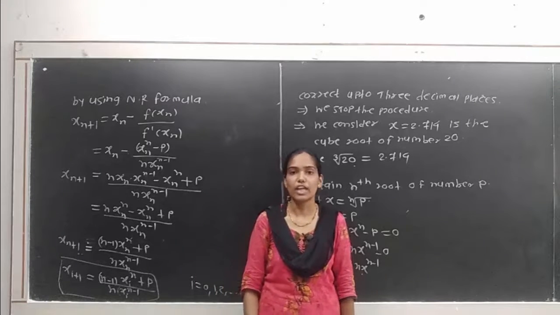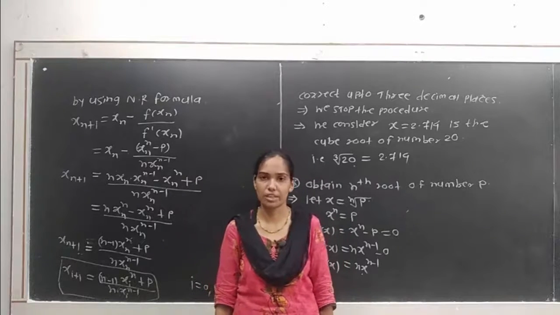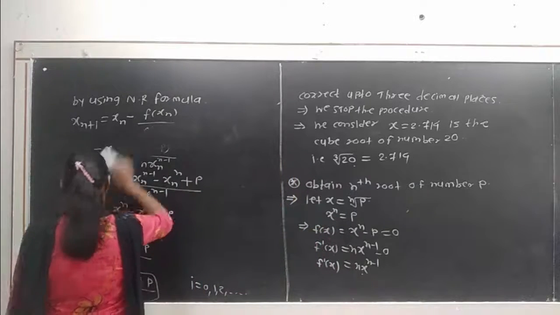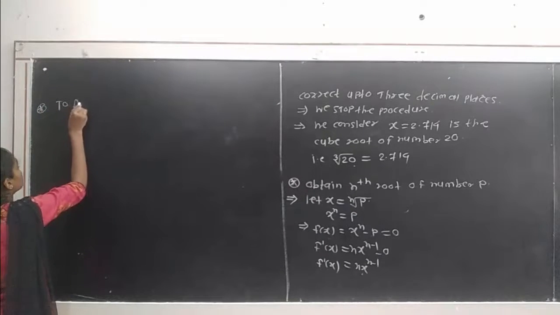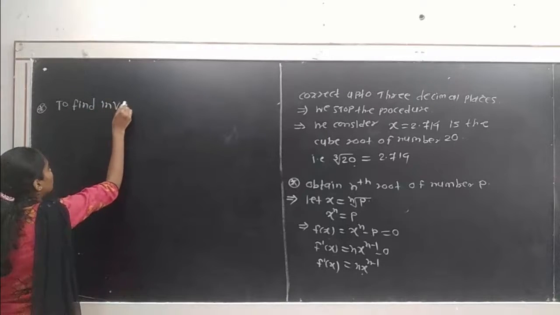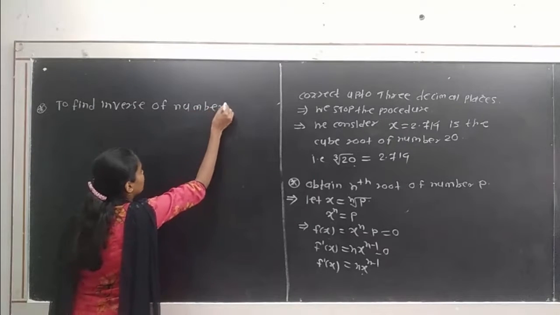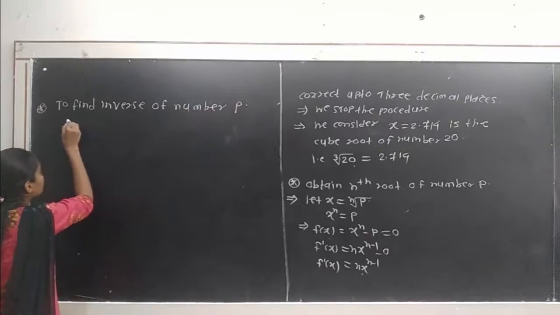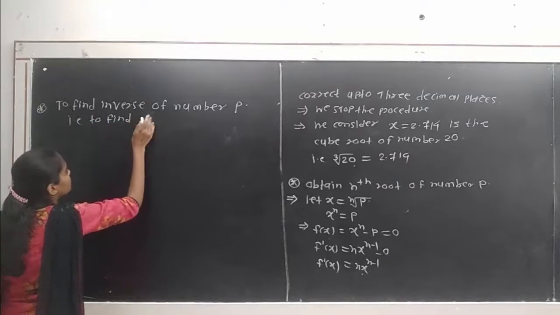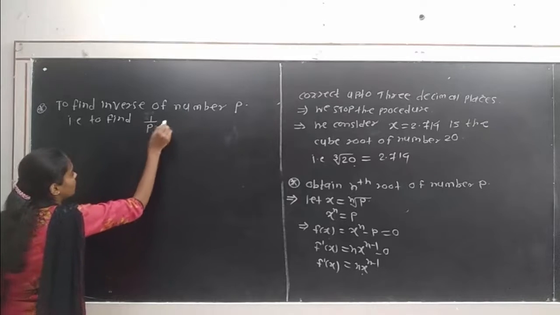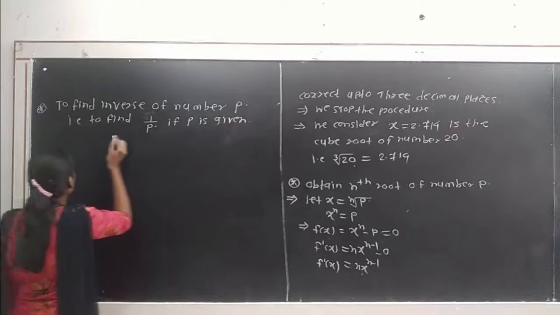Okay, so next, to find the inverse of number p by using the Newton-Raphson method, that is, to find 1 by p if p is given.